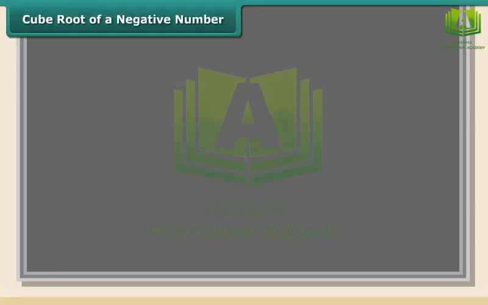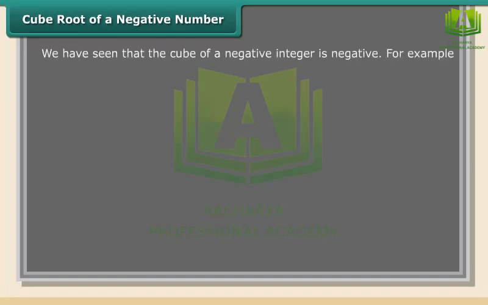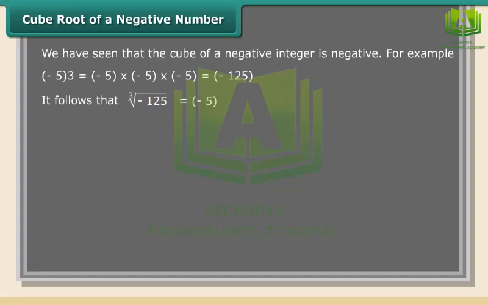Cube root of a negative number. We have seen that the cube of a negative integer is negative. For example, (-5)³ = (-5) × (-5) × (-5) = -125. It follows that ∛-125 = -5. That is, ∛-125 = -∛125 = -5.